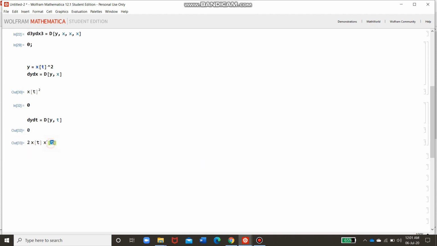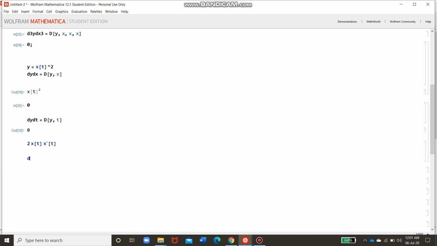What is this x dash? It basically means x dash in Mathematica. It kind of says the differential. So x dash t can also be said as dx by dt. So that's the explanation for that. And then, for example, let me try to apply the chain rule further.